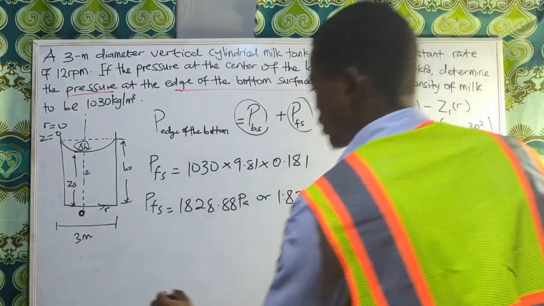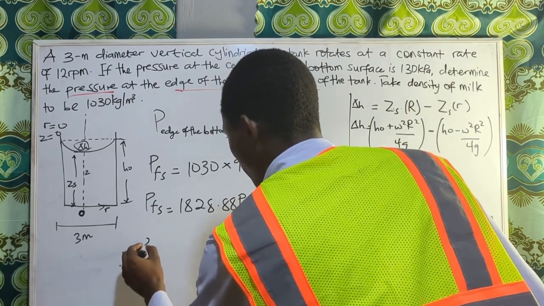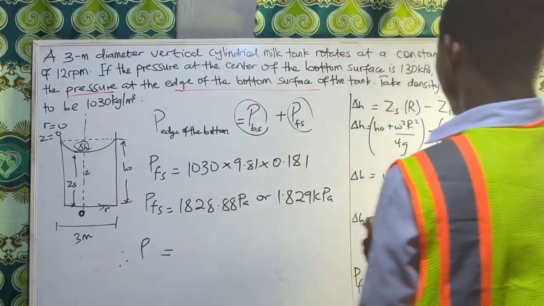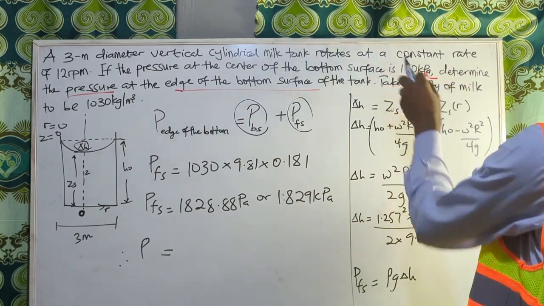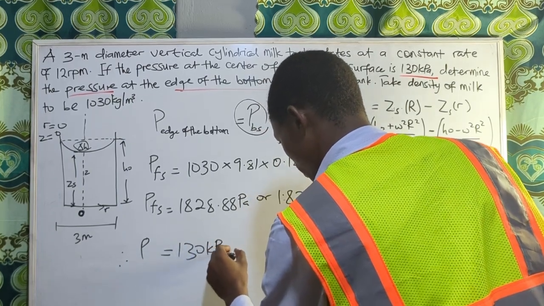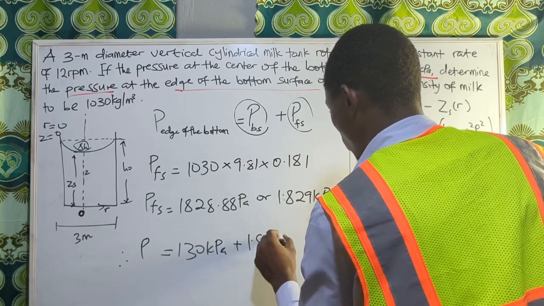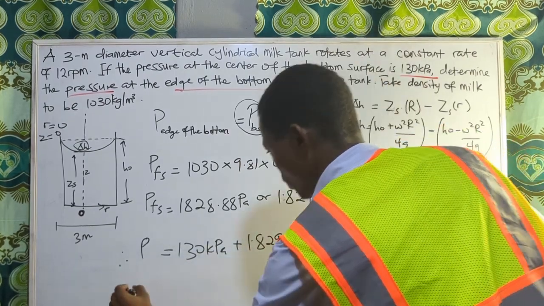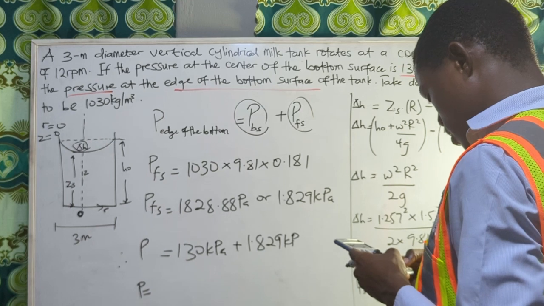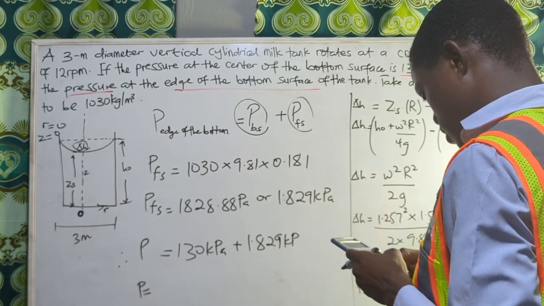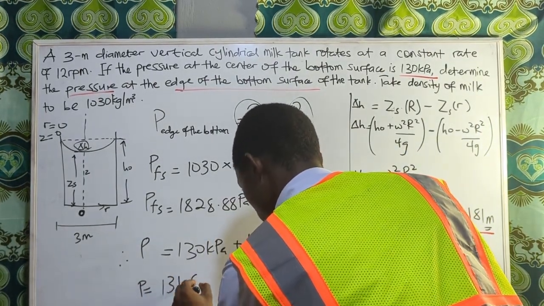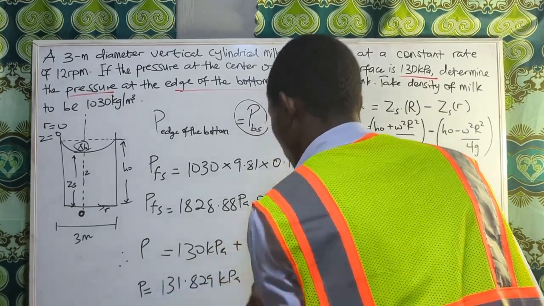We've just found for this. Therefore, the pressure at the edge of the bottom is going to be equal to the pressure at the bottom surface center, that's 130 kilopascal, plus 1.829 kilopascal, which is going to give us 131.829 kilopascal.